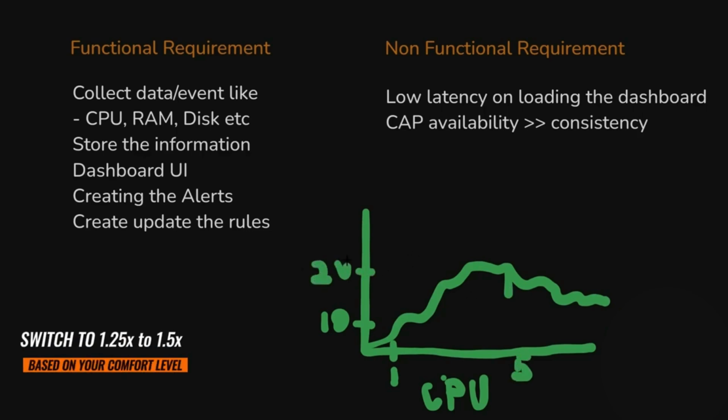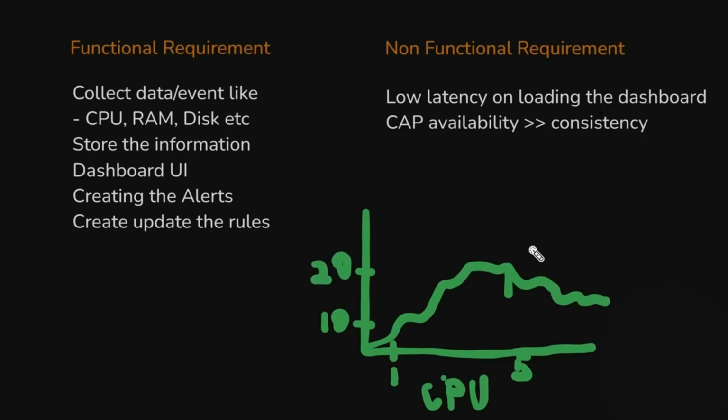So this is a graph we are showing in the dashboard, and we would like to prioritize availability for this graph over consistency. That means if there are any delays on showing the most recent information in this graph, it's okay to have some delay instead of not showing this graph at all.